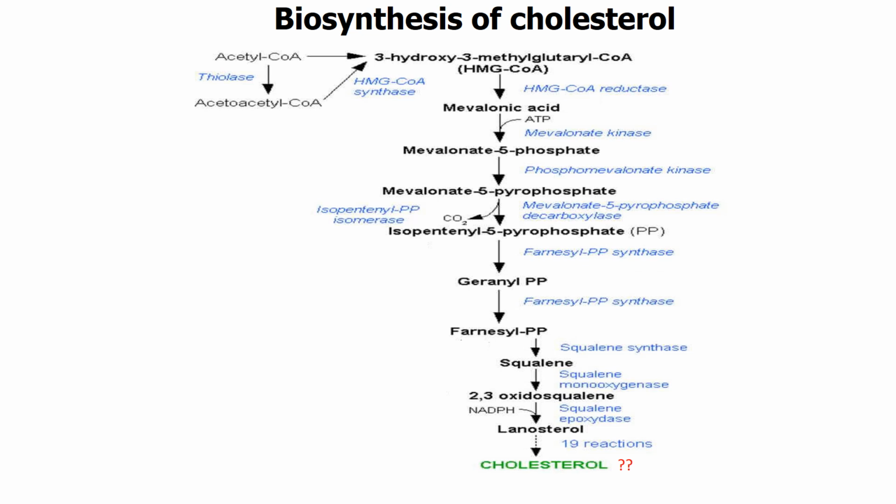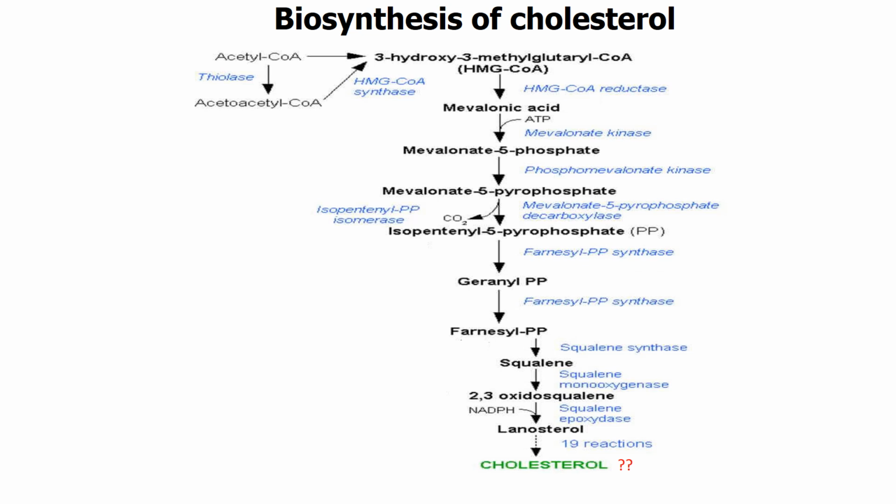Starting right away with biosynthesis of cholesterol. The raw material is acetyl-CoA and acetoacetyl-CoA. Condensation of those molecules with HMG-CoA synthase will give us 3-hydroxy-3-methylglutaryl CoA, or HMG-CoA.